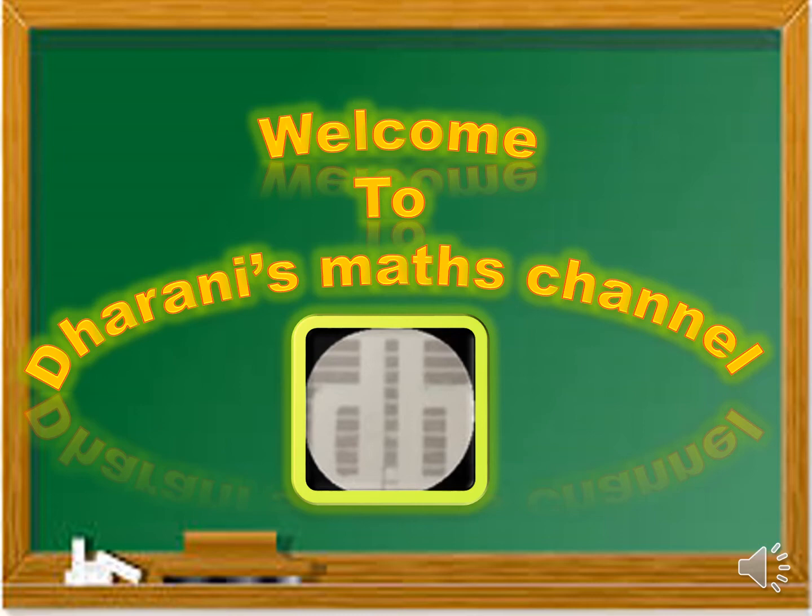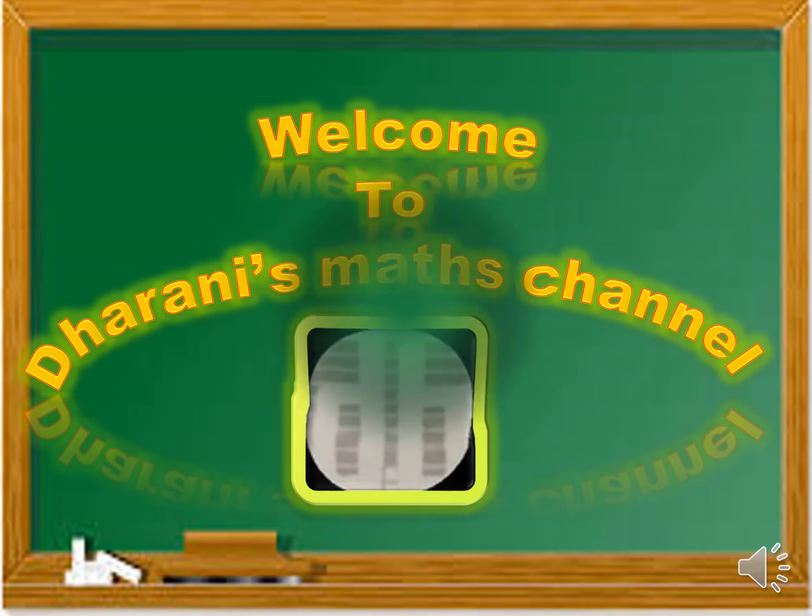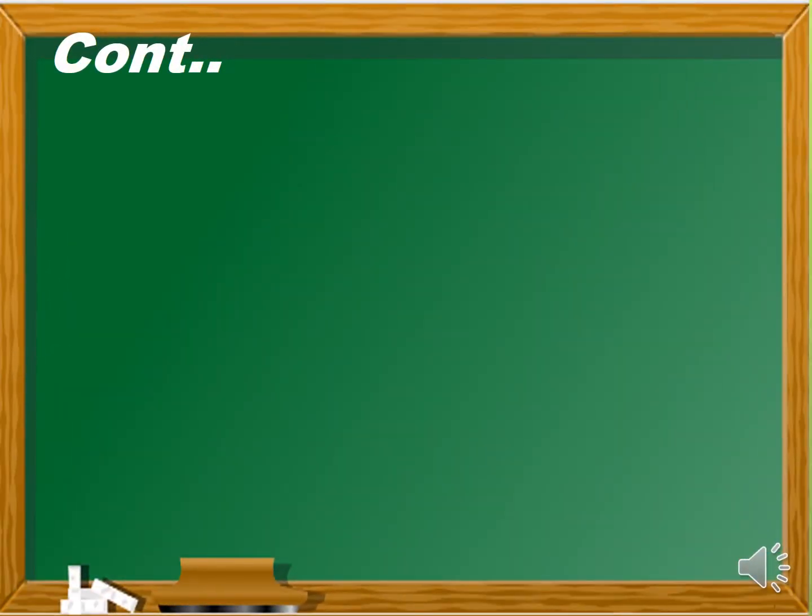So the name and the background tell you that we are going to deal with maths. Till now we have learned the sets of numbers, that is natural numbers, whole numbers, integers, rational numbers. Do you notice that I have missed irrational numbers?